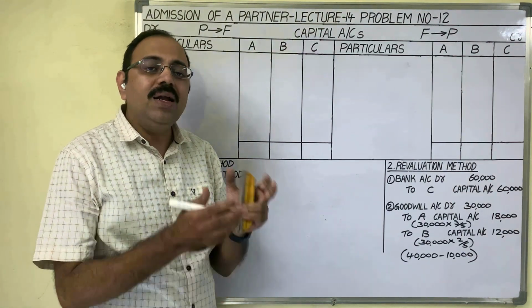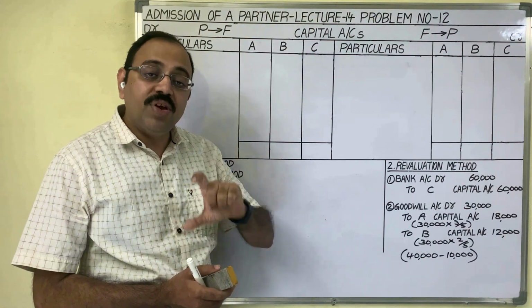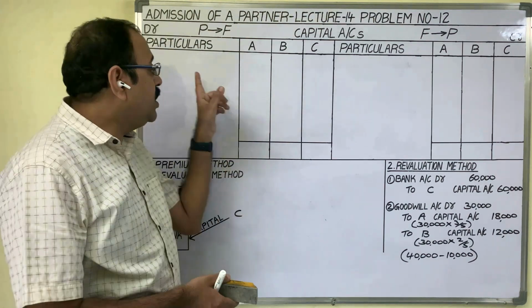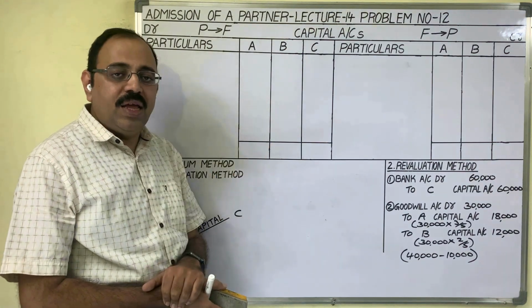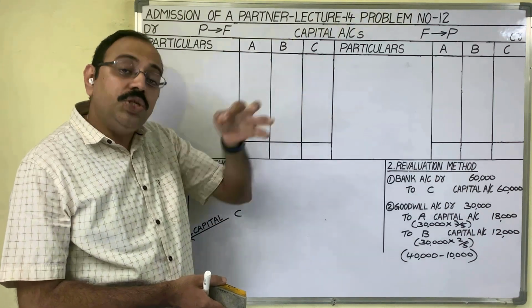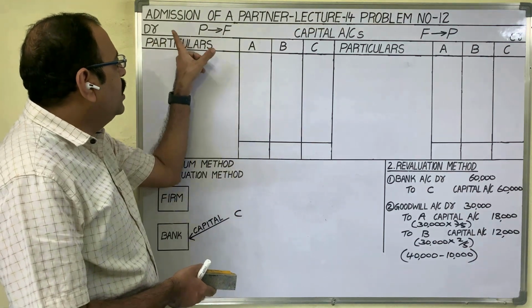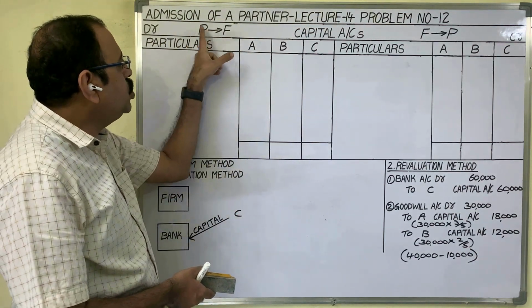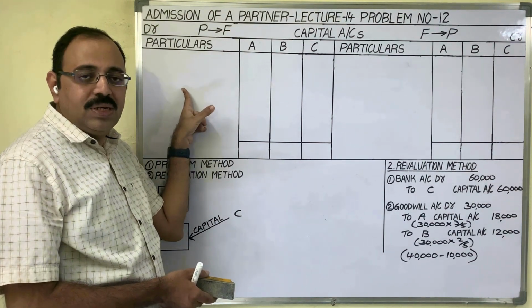It means if a partner is receiving any benefit from the firm, we should debit that amount. In other words, if a partner is retiring, the benefits which he has received from the firm, now he should return. So at the time of retirement, the amounts which the partner should return to the firm, we should debit to capital accounts.